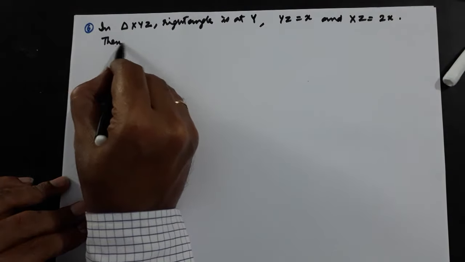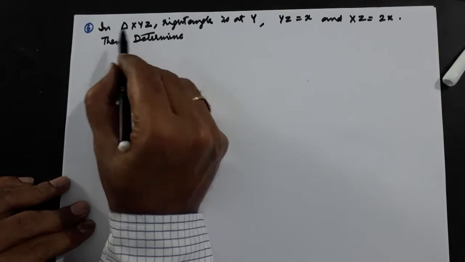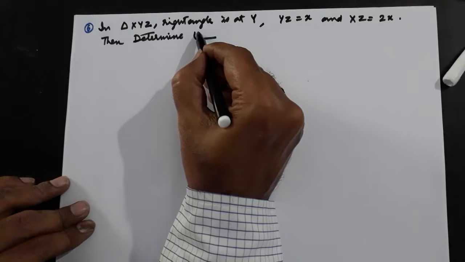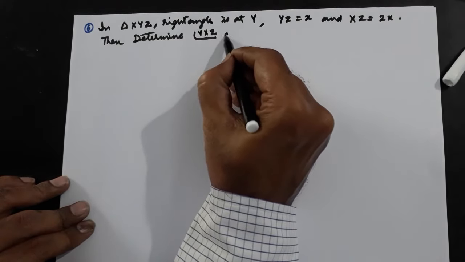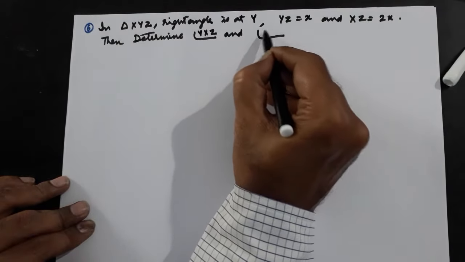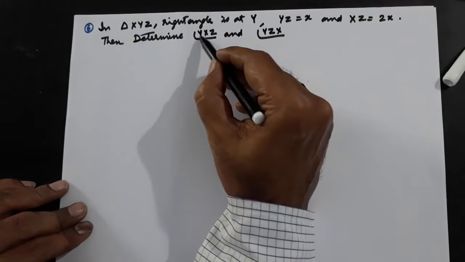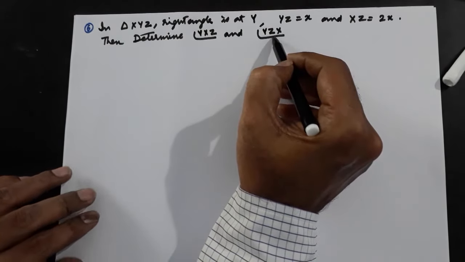Then determine angle YXZ and YZX. So we need angle YXZ, which is angle X, and we need angle X and angle Z.